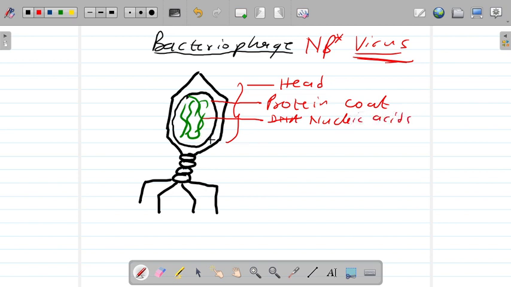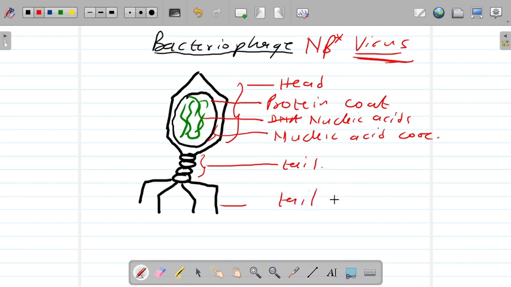And then all of this inside, we call it a nucleic acid core. It's not a nucleus. Remember, it does not have a nucleus. It's not living. We call it a nucleic acid core. And this is the tail. It has a tail, and then it has what we call tail fibers. And that is your virus.